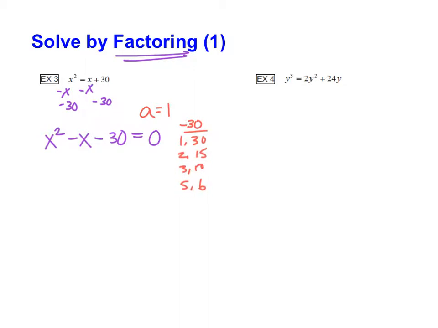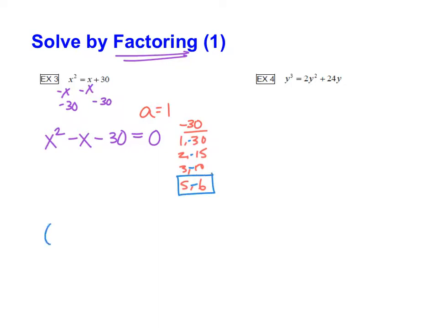So they have to add up to this middle term, negative x, so we have to find two numbers that add up to negative 1. So because they are adding up to a negative value, I know that the bigger number will be negative. So I'm making all the bigger numbers negative over there. So if you look at all your factor pairs, only one pair over here will add up to a negative 1, and that is the 5 and the negative 6.